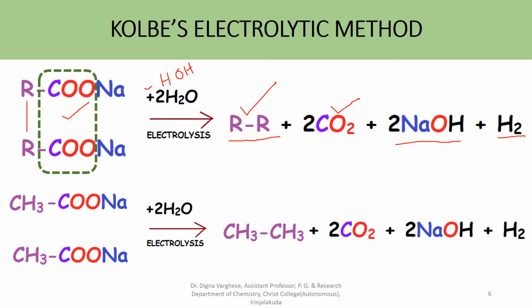Here you can see sodium acetate undergoing the same Kolbe's electrolysis process, forming ethane by the removal of carbon dioxide, and forming sodium hydroxide and liberated hydrogen. So this is Kolbe's electrolytic method.